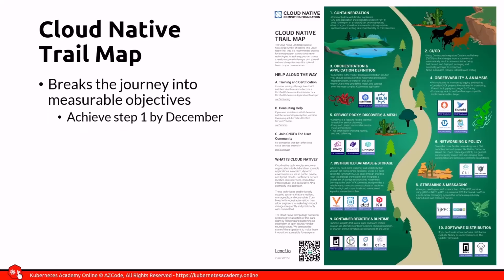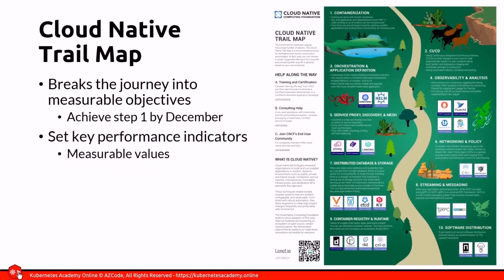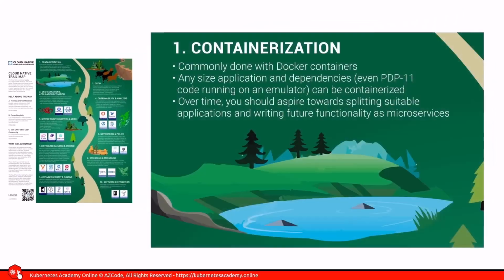You can set your own performance indicator to measure each step to ensure a smooth journey. So let's take a look at the first steps. Your team must first learn how to containerize your application. The developers and the IT pros must know how to deploy and monitor containers.